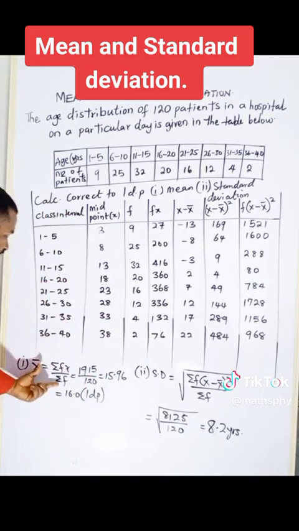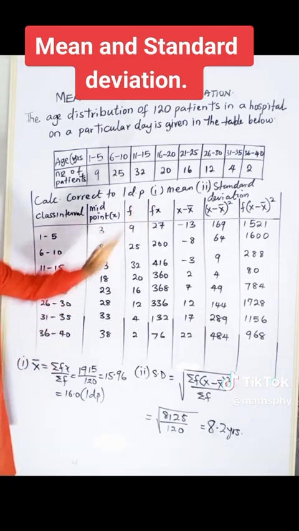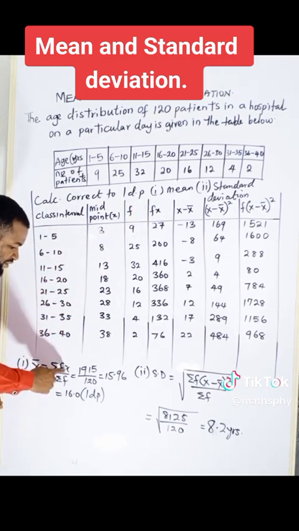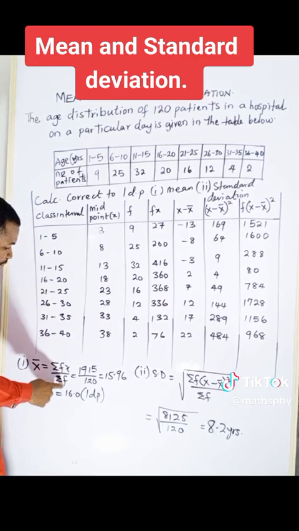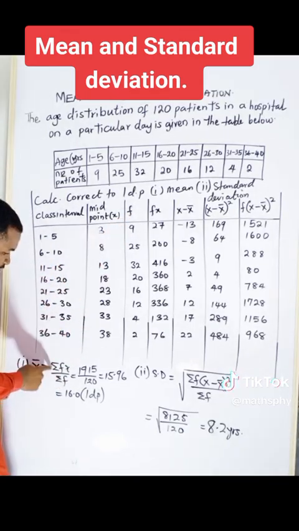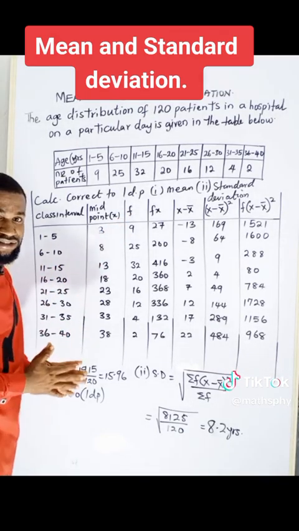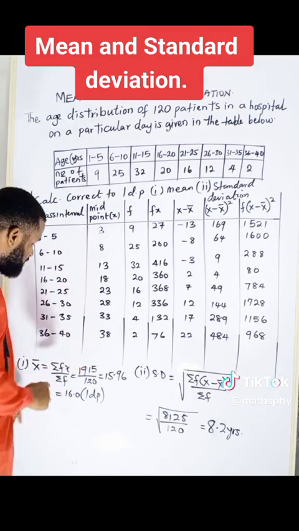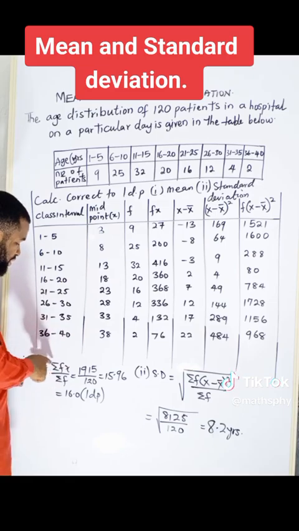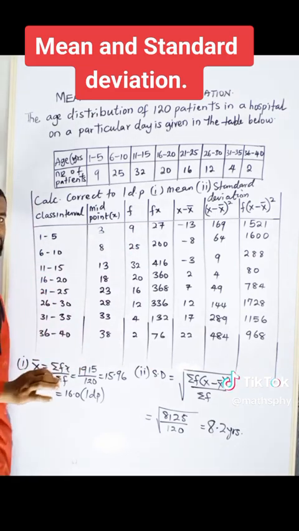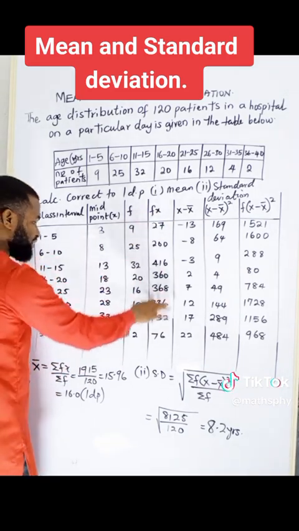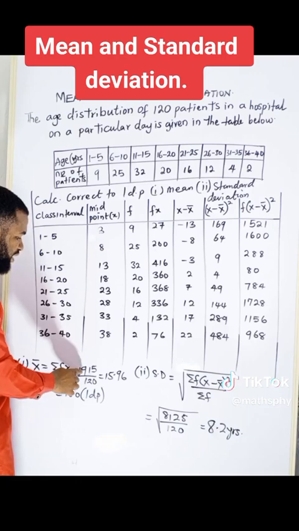And when you look at the mean, this is the formula for mean. Everything in it is also captured there. fx is already given here as fx, and f is already given here as f. This symbol is called summation, which means add all of them. The summation of fx means add everything here, and if you add everything here, you have 1915.